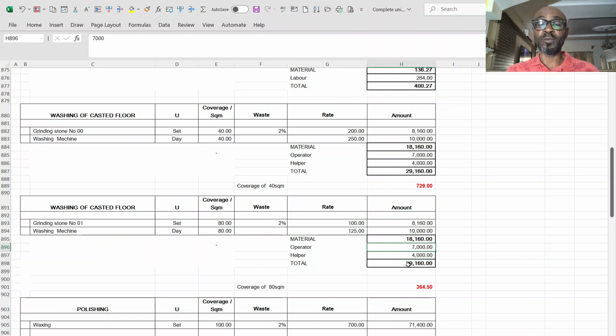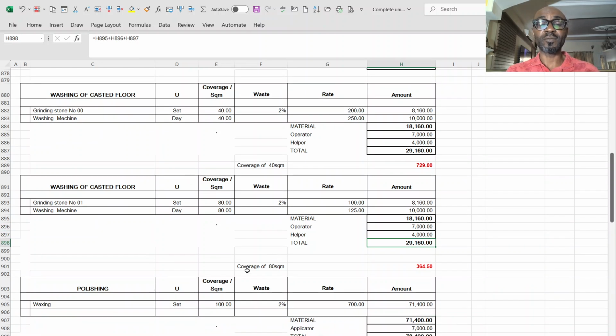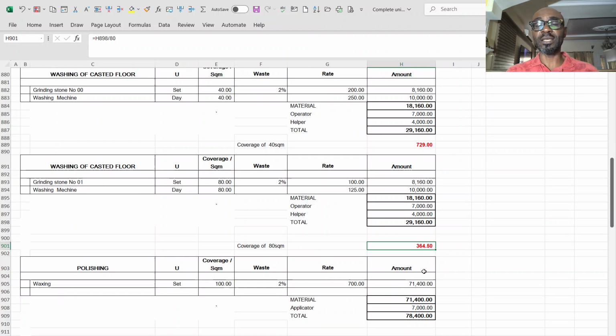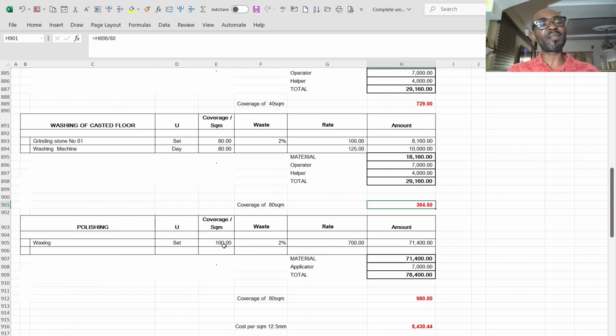By the time you divide the 29,160 by 80, which is the coverage, you're having 364 naira 50 kobo.